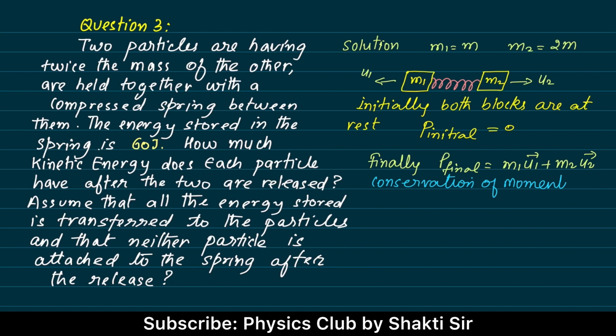Put m1 equal to m and m2 equal to 2m, so the mass terms cancel, and we have the relation that negative of u1 vector equals 2 times u2 vector. This is the relation we can use somewhere in our solution.